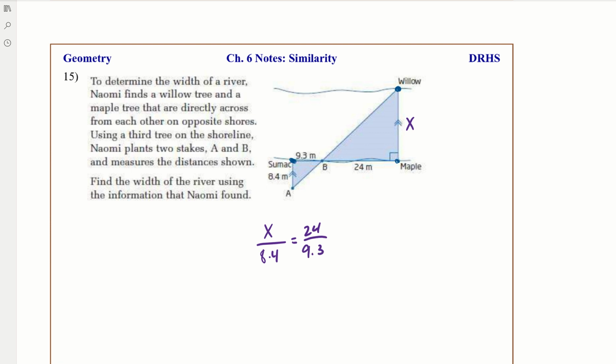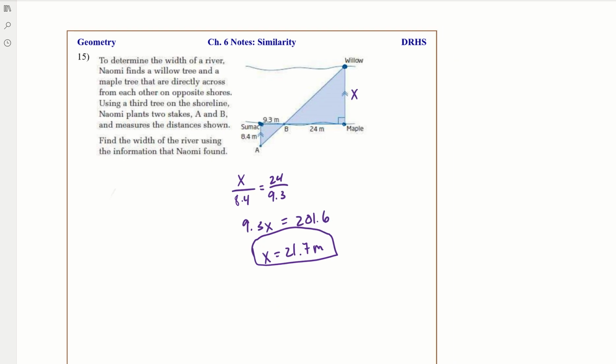And I can solve that by cross multiplying. 8.4 times 24 is 201.6, and I'm going to divide that by 9.3. And I get that the river is 21.7 meters across. Cool.